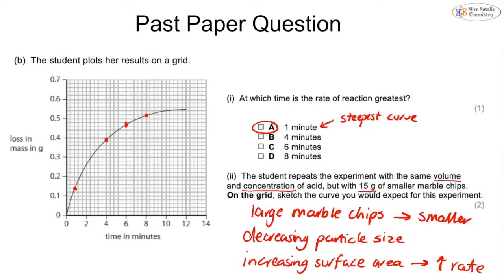So my curve should start at 0, and it should be steeper than the one that is there, but it will level off at the same point, because I must be making the same amount of carbon dioxide, I'm just making it faster.